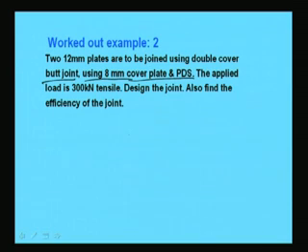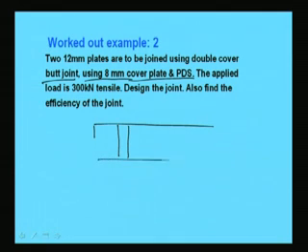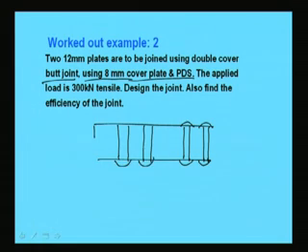joint is looking like this. Say one cover is given here, first let me draw the rivets first, then we will insert the plate. So, these are the rivets, this is a double cover joint.